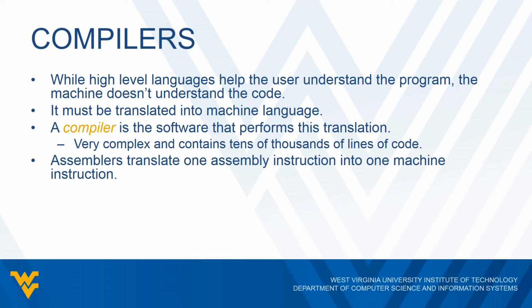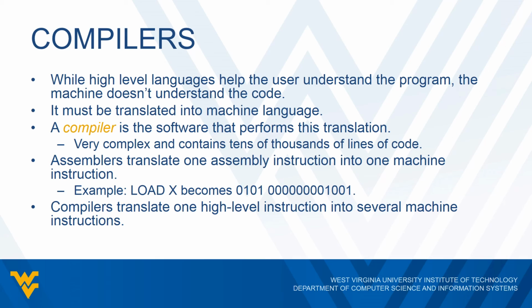So for example, if we have something like load x, we're going to look up the load operation in the opcode table. We're going to look up the x in the symbol table, and then we get our machine level instruction, which is a bunch of zeros and ones. Now, with high-level languages, on the other hand, we don't have this one-to-one relationship. It's more of a one-to-many relationship. So whenever a compiler translates a single high-level instruction, it's actually being translated into many machine language or even several assembly language instructions.